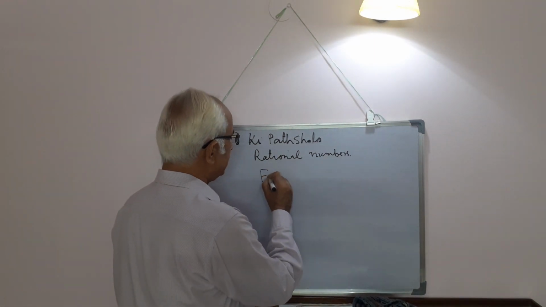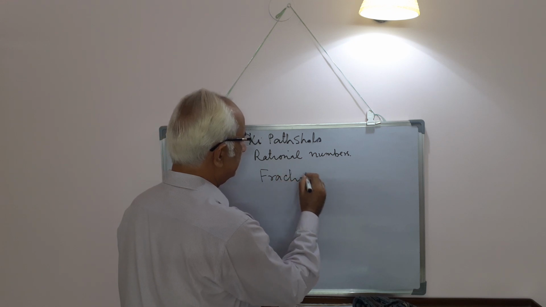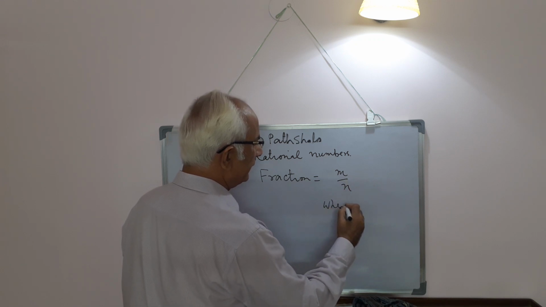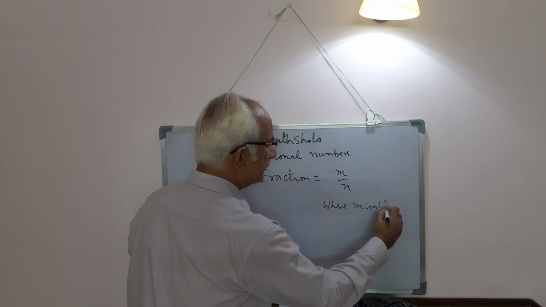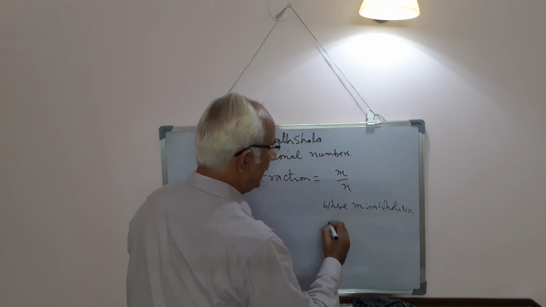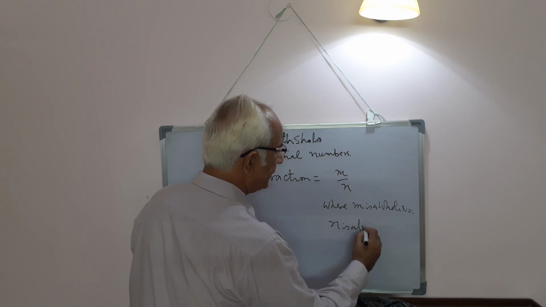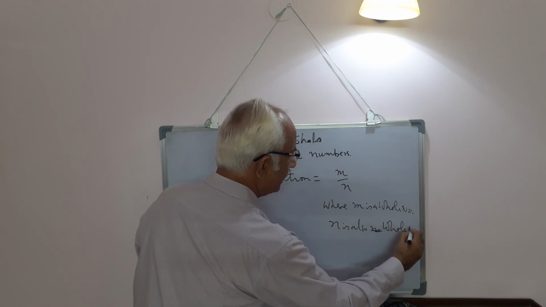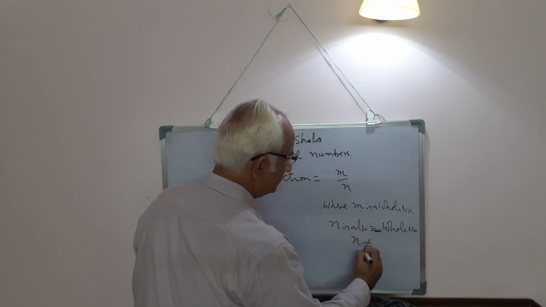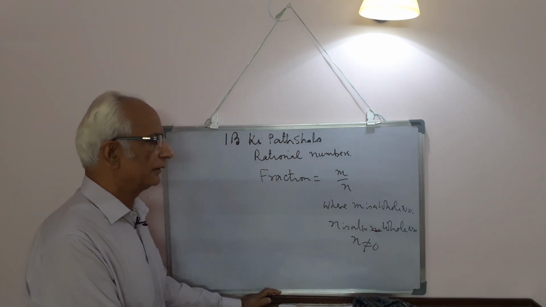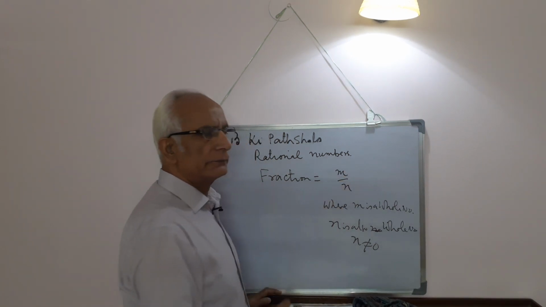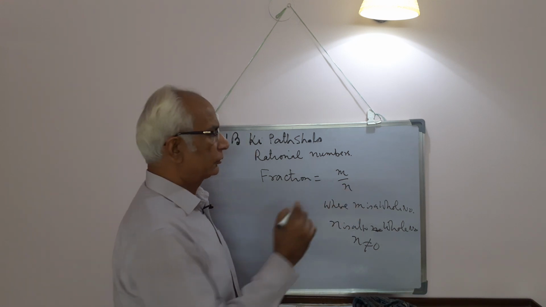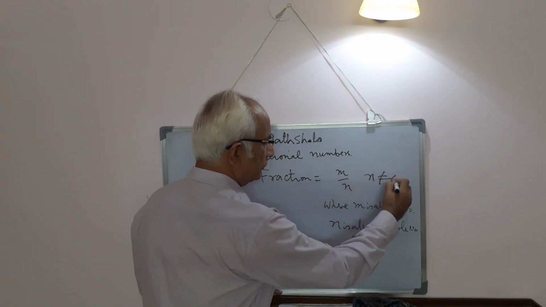A fraction is a number which is expressed as m upon n, where m is a whole number and n is also a whole number, but not equal to 0. So m is a whole number, n is a whole number, but not equal to 0. So n is not equal to 0.